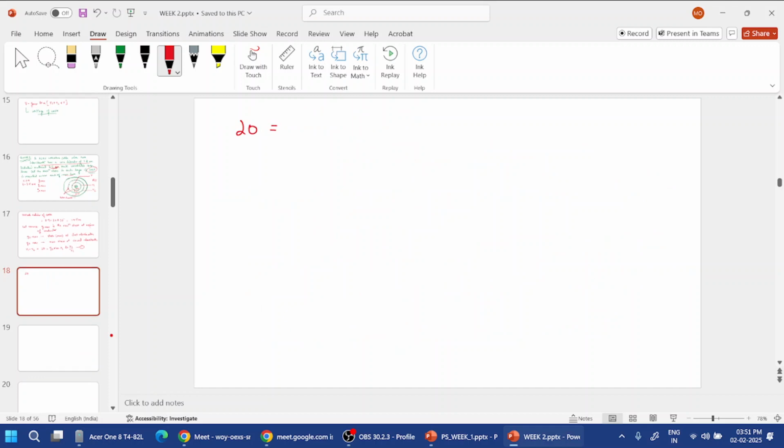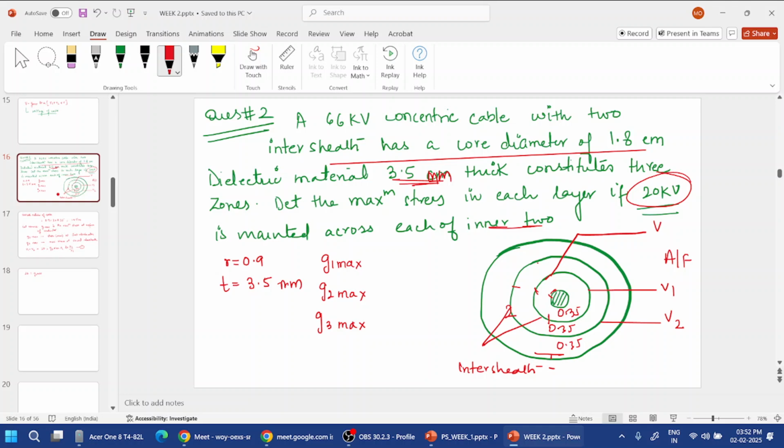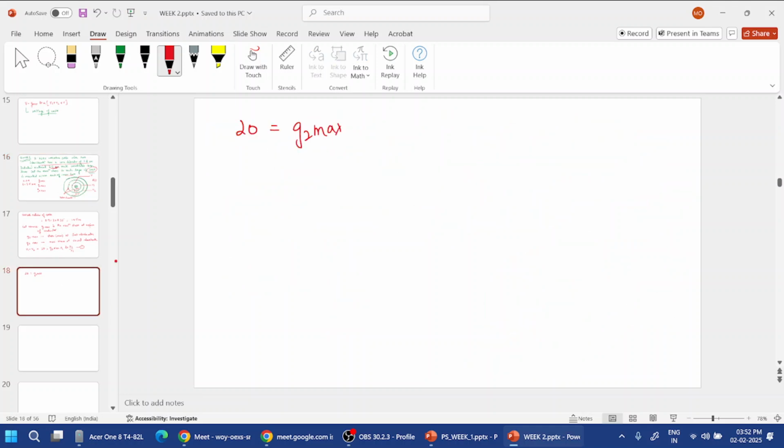Here R1 is the first intersheath radius, so it will be 0.35 log R2, where R2 is 0.75 divided by 0.35.